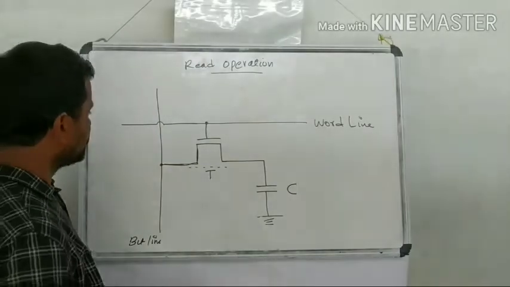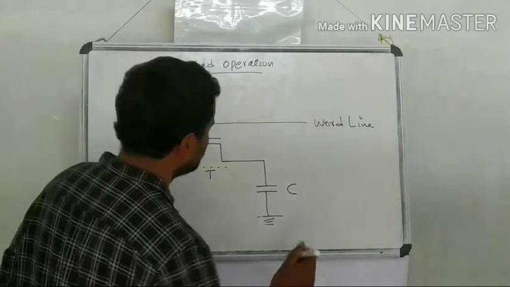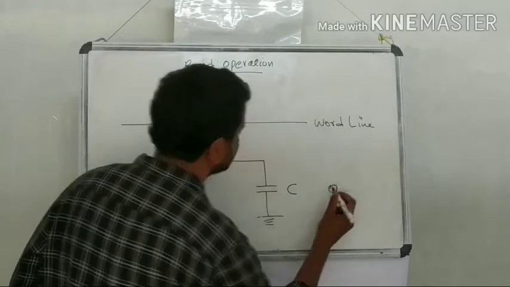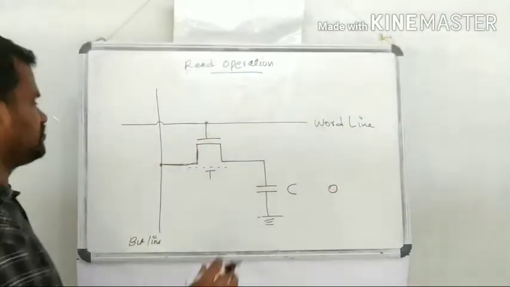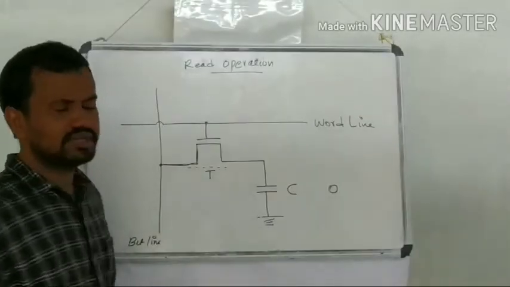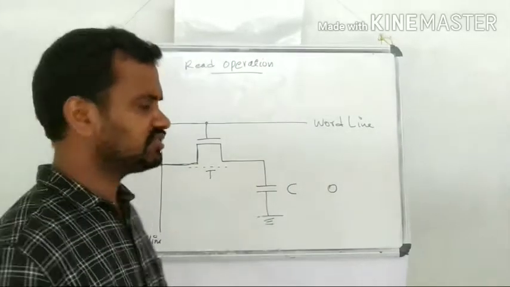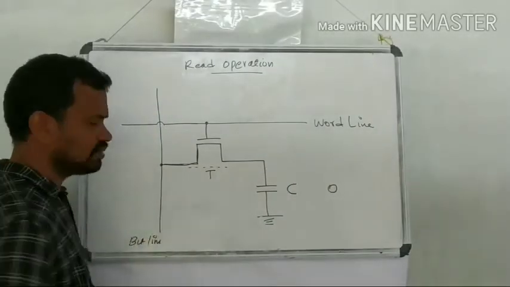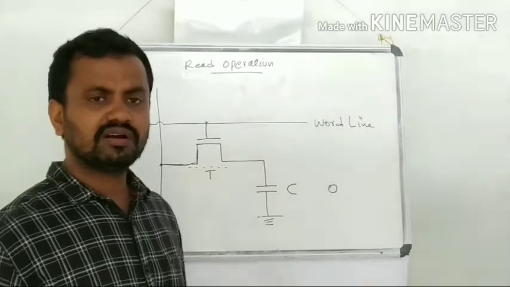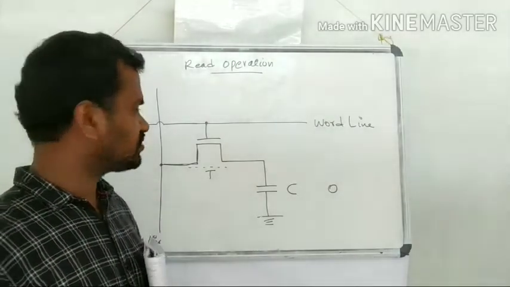If the value stored was a 0, in that case the sense amplifier, or the sense-write circuit, at the end of the bit line will identify that the value stored is a 0.